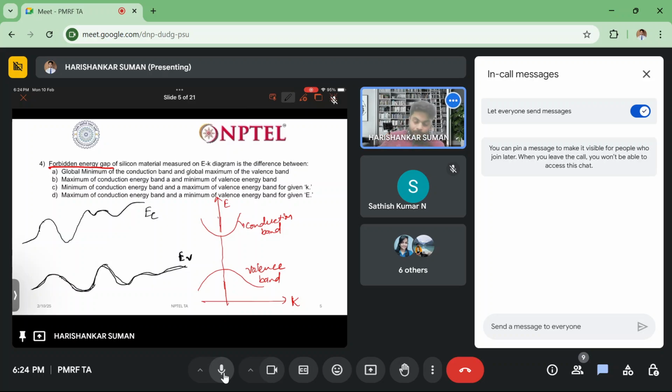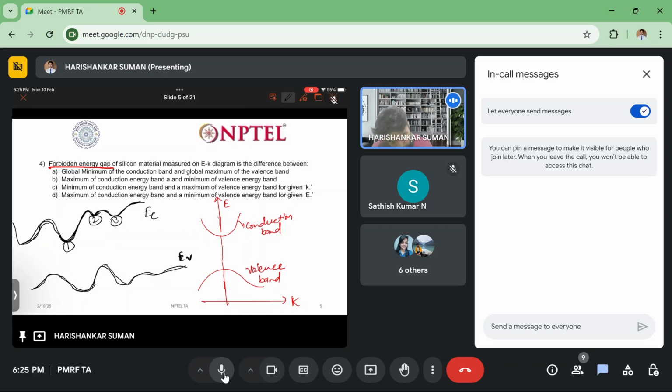Do you know where is the global maxima or minima for this function? Because there are minima, first here, second here, third like that.